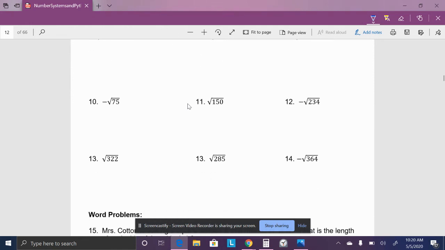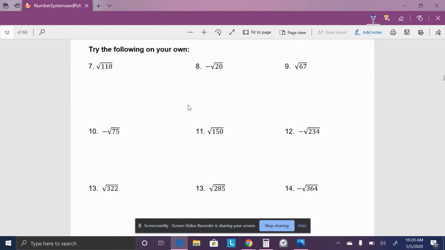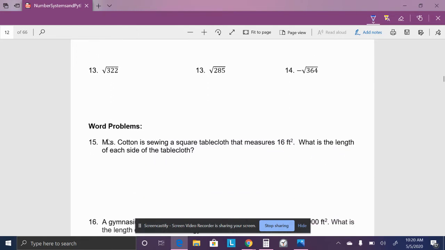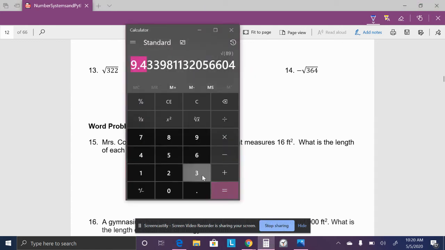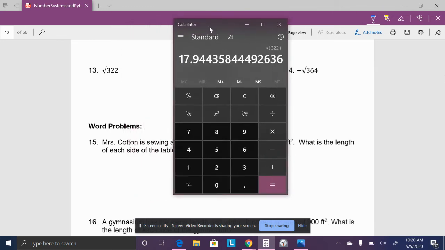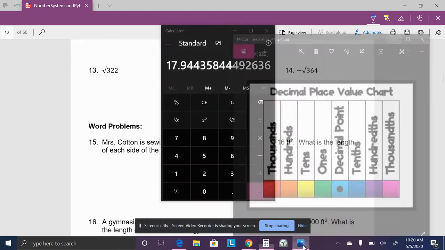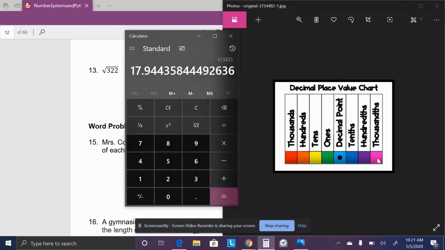All right. Let's look at a bigger number. Let's look at right here, 322. Square root of 322. Put that in the calculator. Wow. All right. So we get 17.94. Okay. So I'm going to round this to the nearest 1,000 spot.